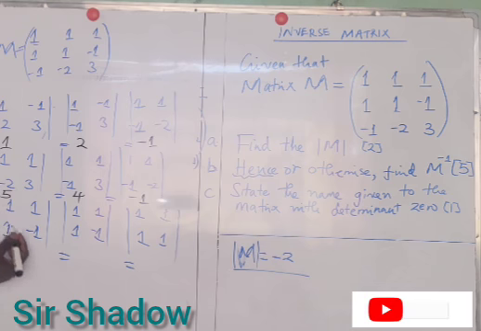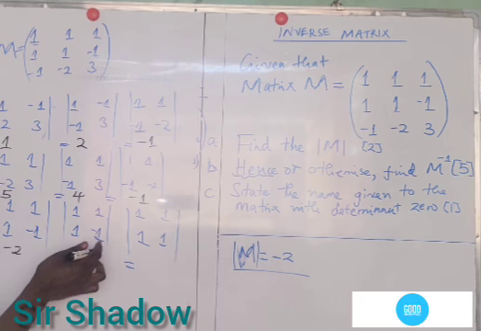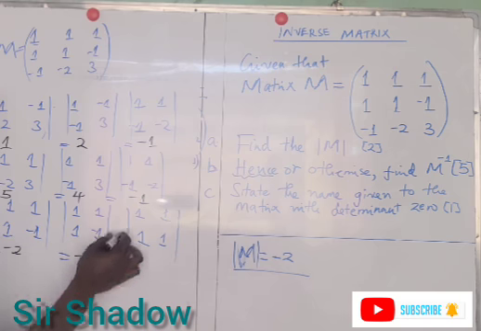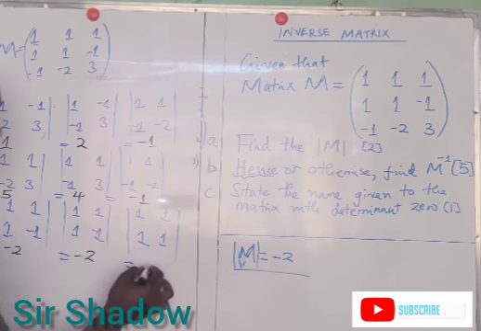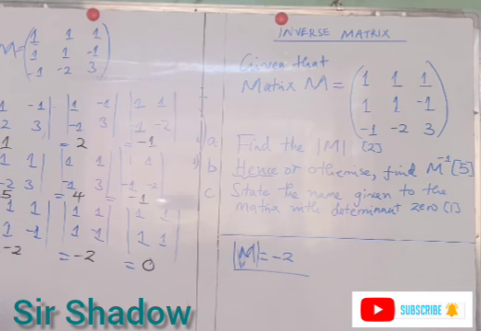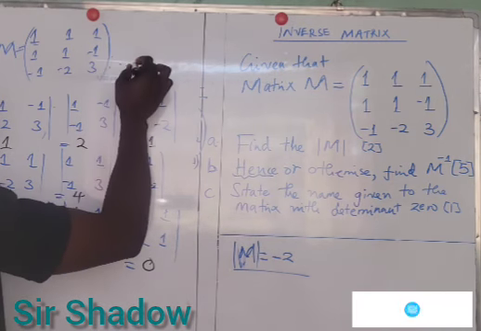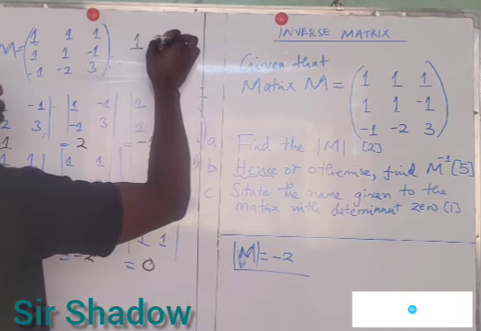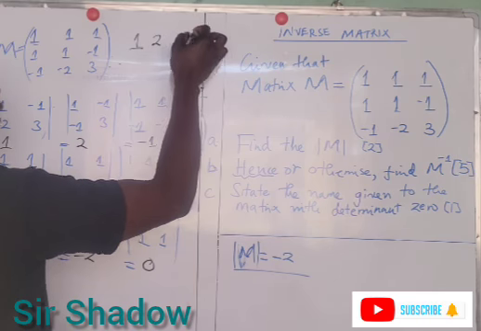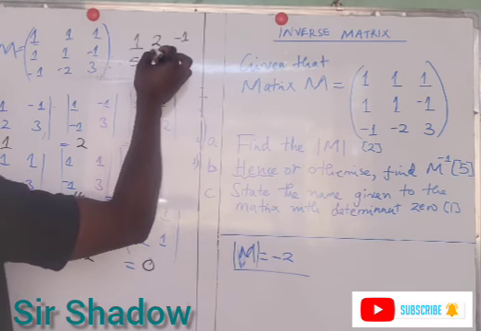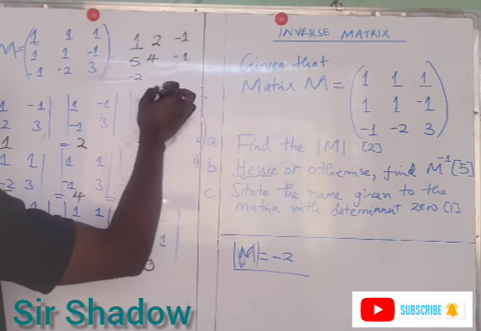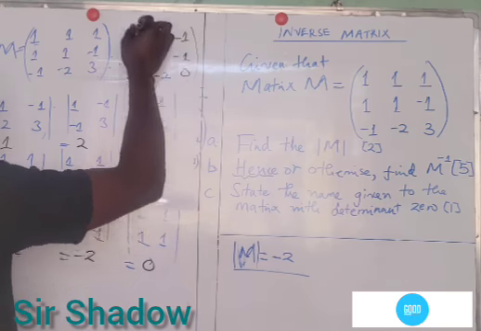Then negative 1 times negative 1 gives negative 2, and 1 minus 1 is 0. So what we have now is 1, 2, negative 1, 5, 4, negative 1, negative 2, negative 2, and 0.